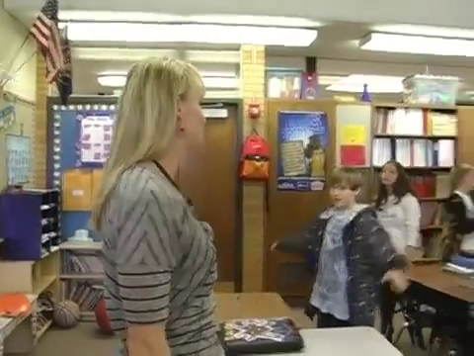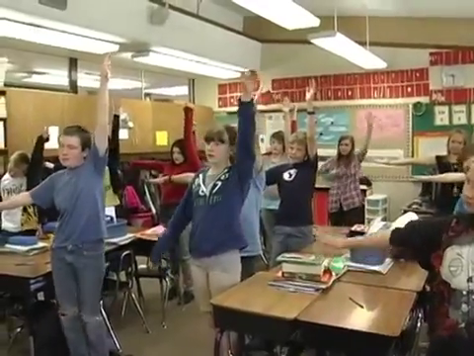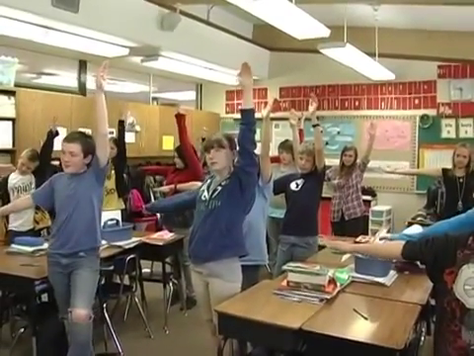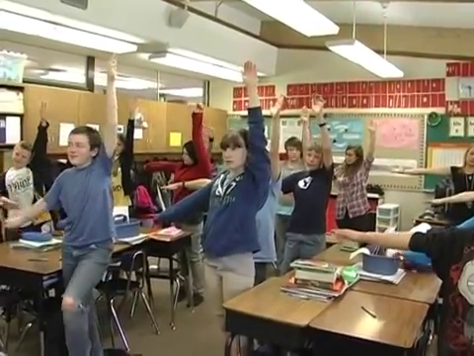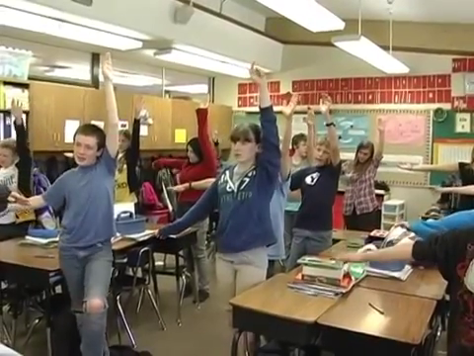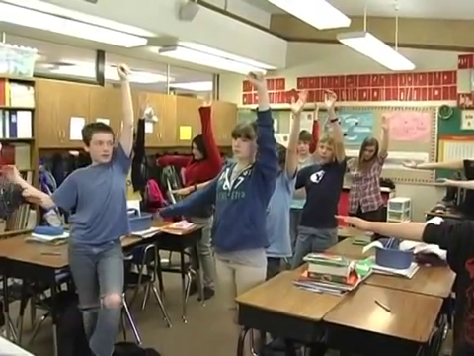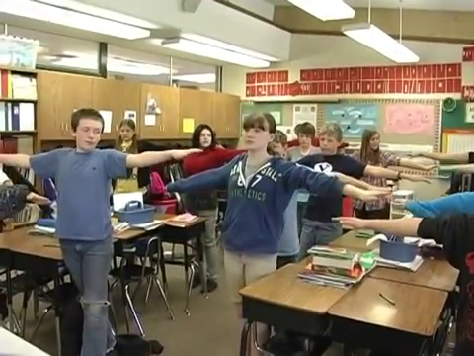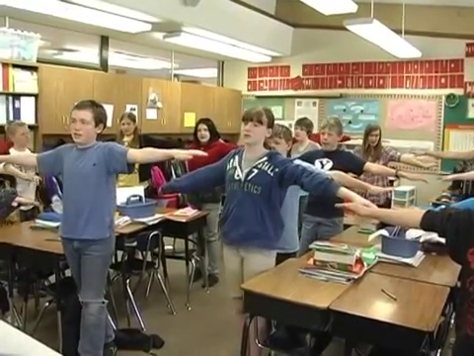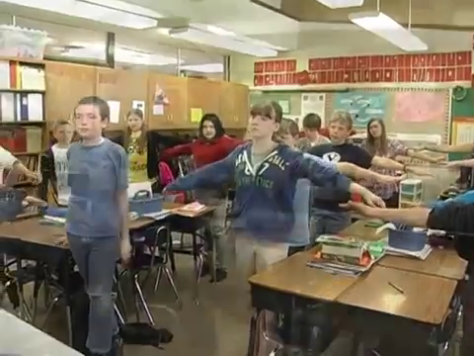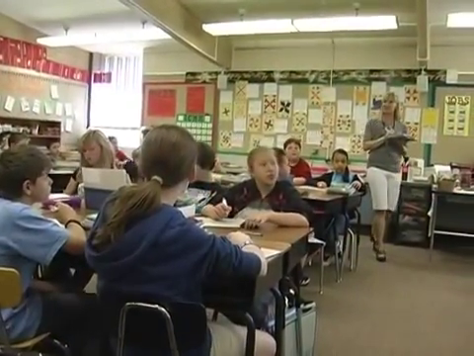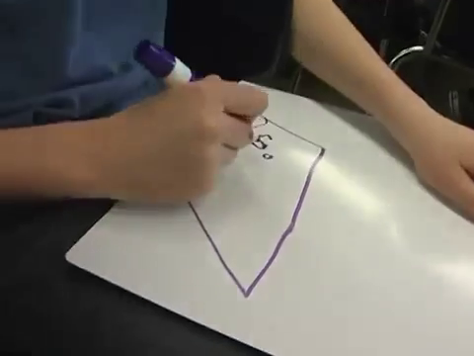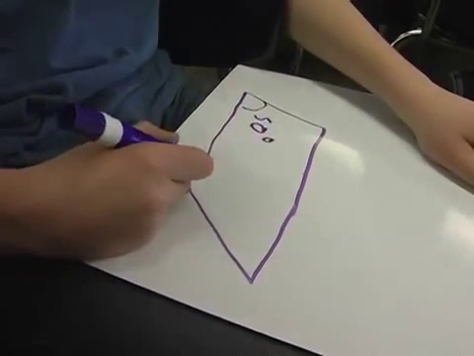Okay, show me 90 degrees. 2 angles that make up a 90-degree angle are called what? Complementary angles. Show me a straight angle. 2 angles that make up a straight angle are called what? Supplementary angles. Correct."